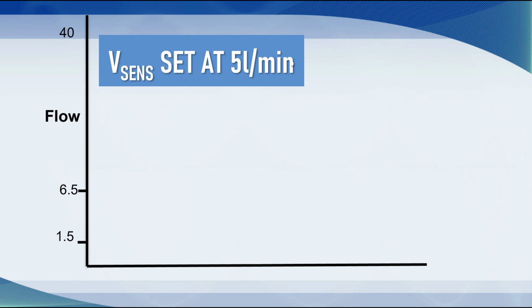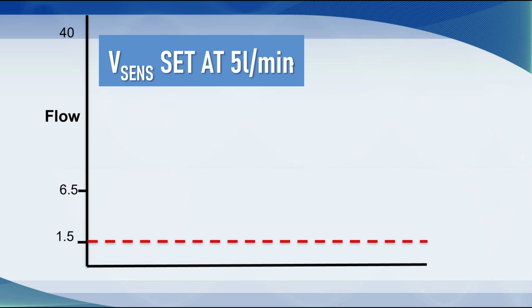Let's look at flow-by in this particular setting. On the top of the screen, you can see that the flow sensitivity has been set at 5 liters per minute. Here at the bottom, there's a red dashed line set at 1.5 liters. On a Puritan-Bennett ventilator, this is the base flow.